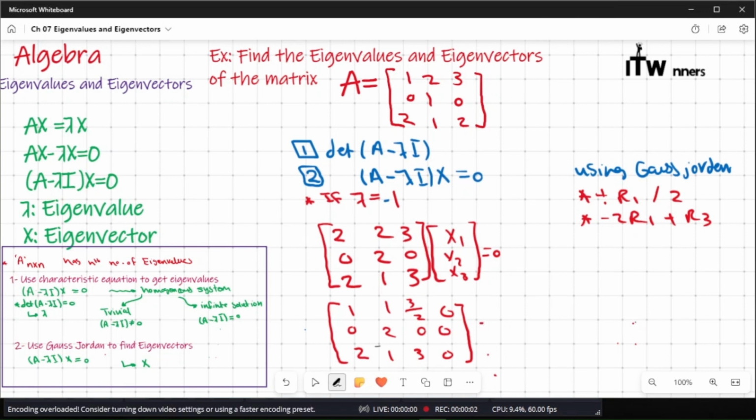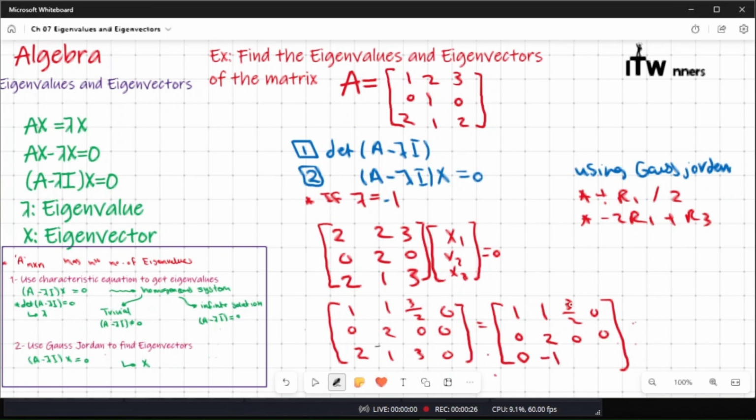This is equal to here 1 1 3 half 0, here 0 2 0 0, and here 1 into negative 2 plus 2, we have here 0. 1 into negative 2 plus 1, we have here negative 1. 3 half into negative 2 plus 3, we have here 0, and here 0.